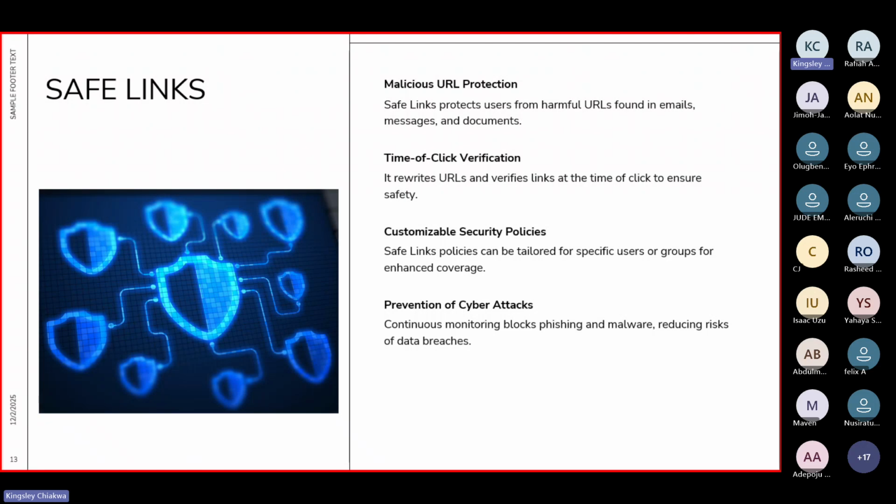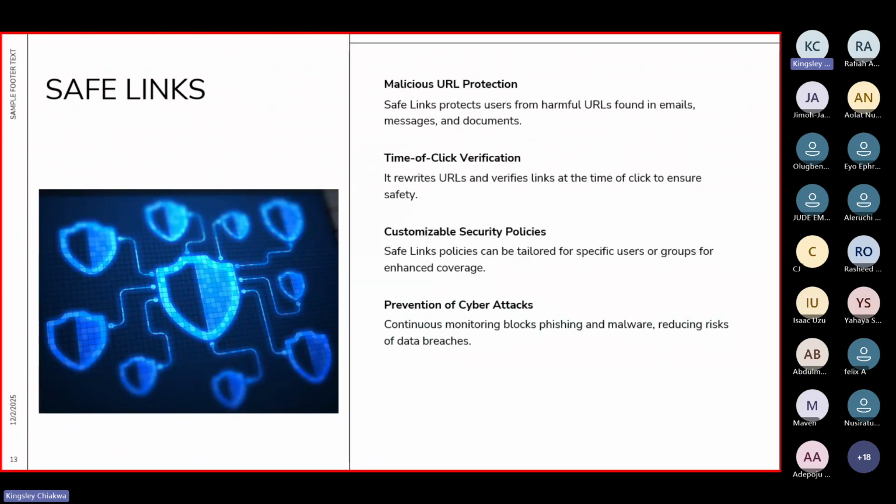Customizable security policies. Safe links policies can be tailored for specific users or groups for enhanced coverage. So for someone who has safe links, there's a policy section where you can add certain links. Some links might be false positives.